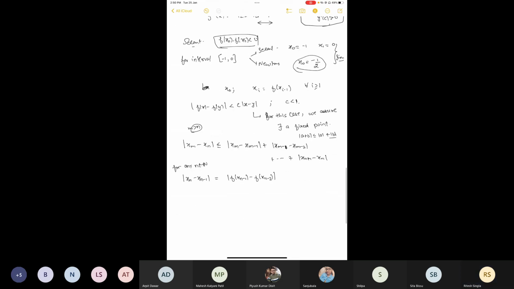I'm assuming this statement holds true. This is the definition, right? Yes, sir. This is less than c times |x_{n-1} - x_{n-2}|, and is again less than c squared times |x_{n-2} - x_{n-3}|.